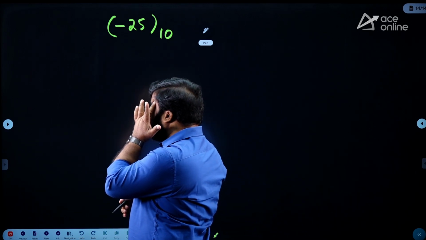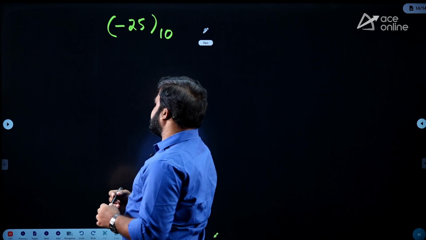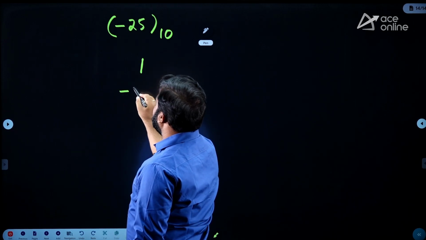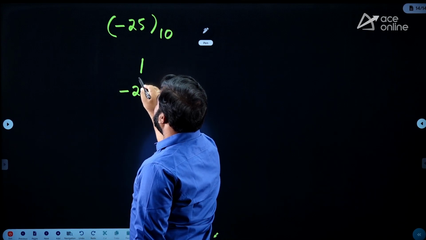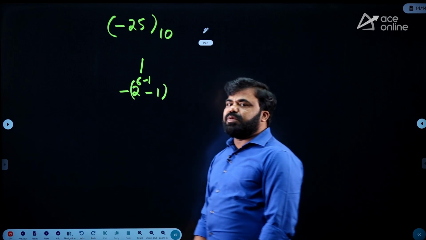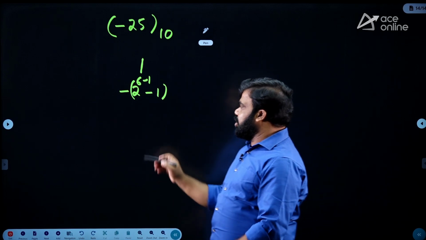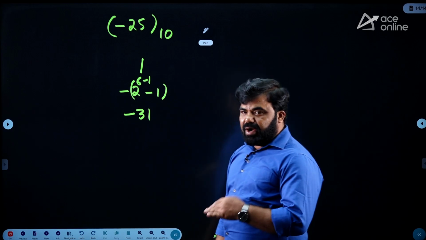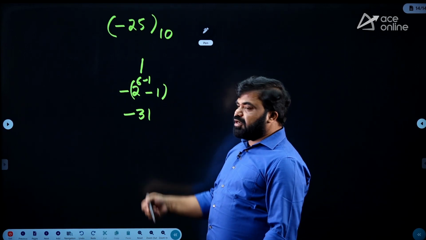How many minimum bits are required? 6 bits. When the 6th bit MSB is 1, the weight is minus of 2 power n minus 1, minus 1, which is the MSB weight when using 6 bits. What am I getting here? Minus 31. What is required? Minus 25. What must be added? Plus 6.